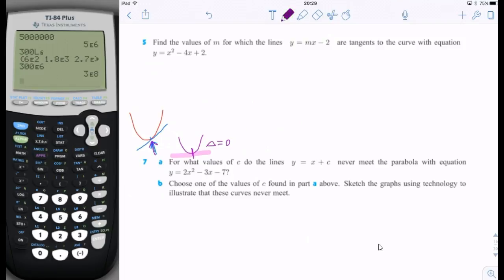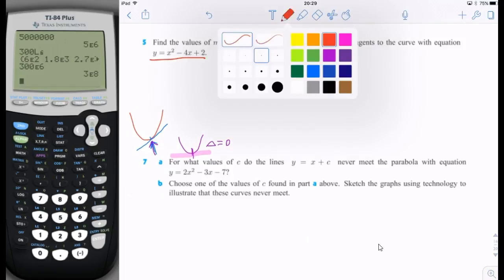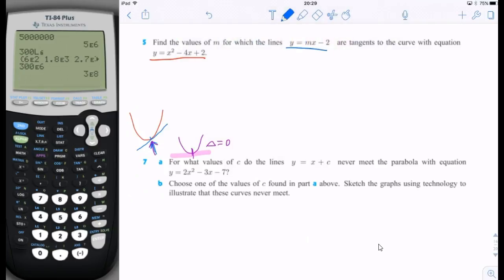So here I have a red quadratic, and I have a blue line. Notice something strange about this blue line. The m is a constant, an unknown number, so we don't exactly know what the equation of the blue line is, and they're going to ask us for the exact equation. They're going to ask us, what is m?